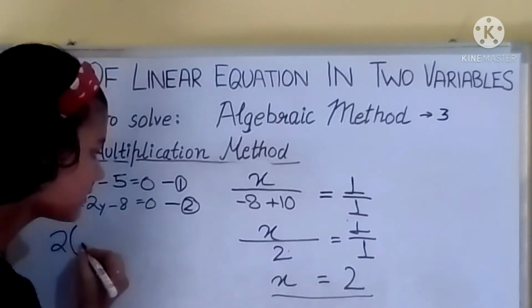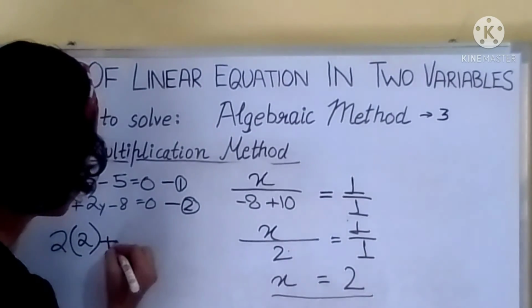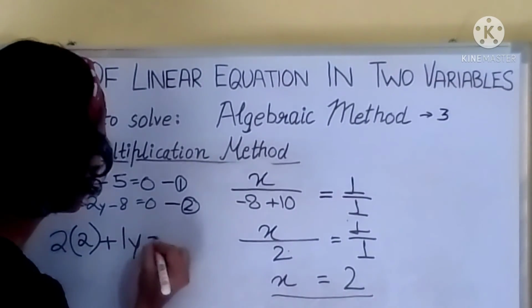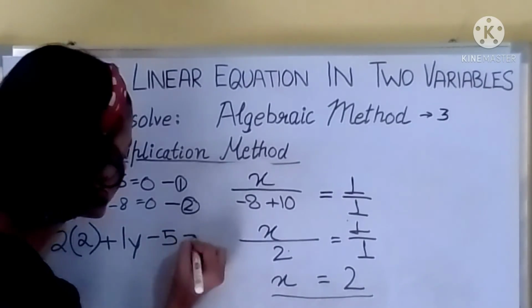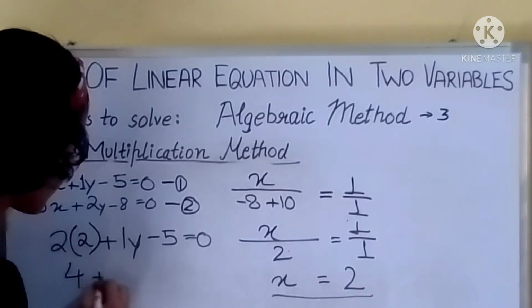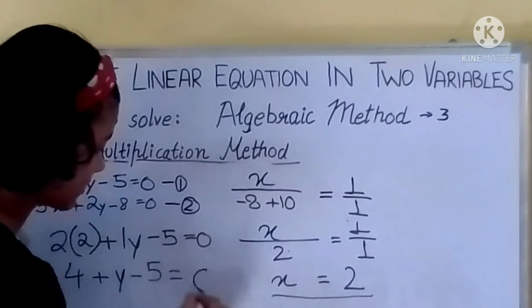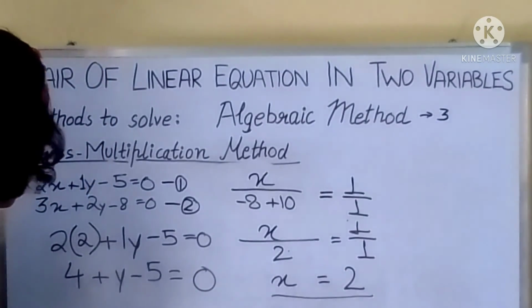So putting 2 in the first equation, 2 into 2 plus 1y minus 5 is equal to 0. So 2 2s are 4 plus y minus 5 is equal to 0.